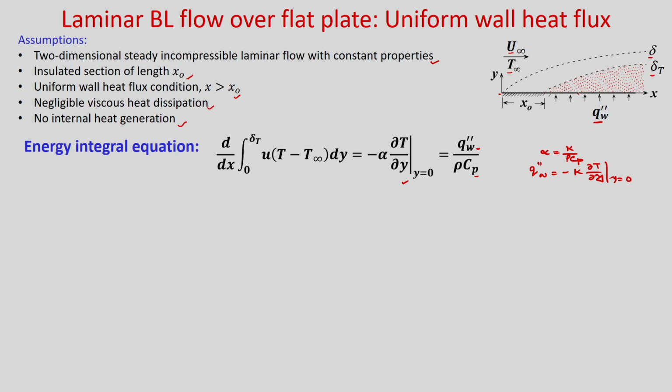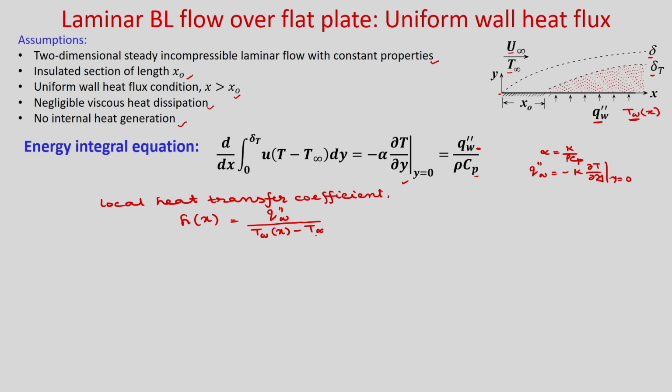However, you can see here the wall temperature Tw will be a function of x, because along the x direction Tw will increase. So, as q double prime w is constant, you can find the local heat transfer coefficient h as q double prime w divided by Tw minus T infinity.